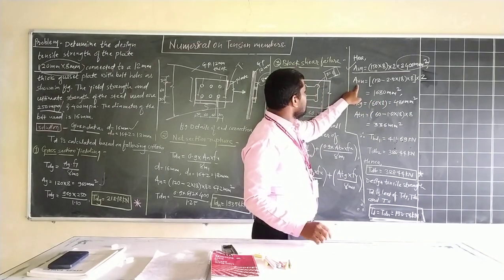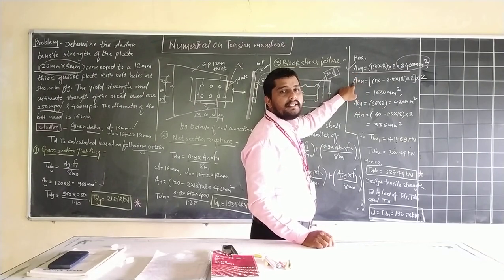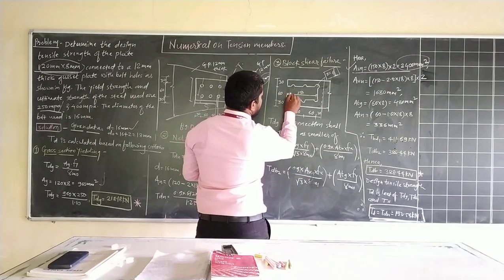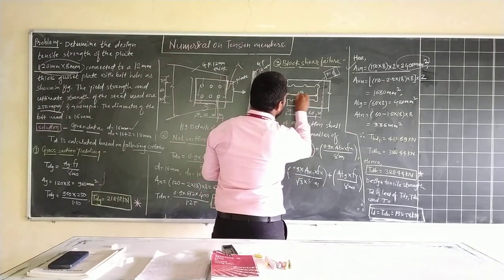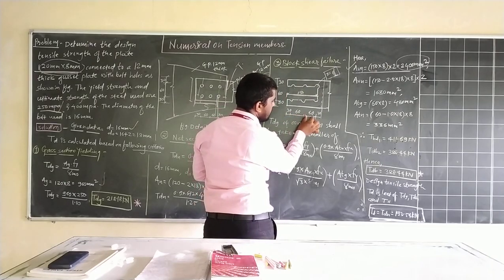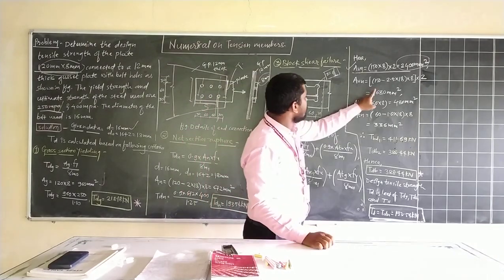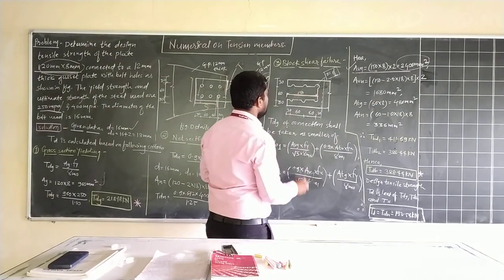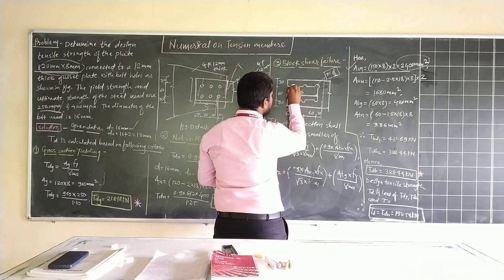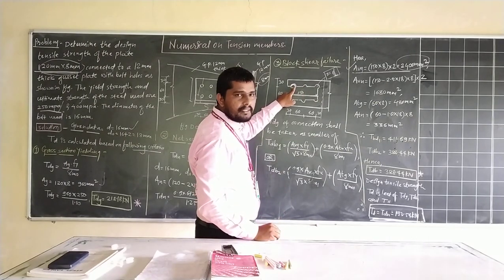Then after determining the gross shear area, next we have to find out the net shear area. How are we going to find it? We know this distance is 150, meaning 30 plus 60 plus 60. So 120 plus 30 is 150. So 150 minus, here the bolt is under the block at full diameter, so one bolt is completed.